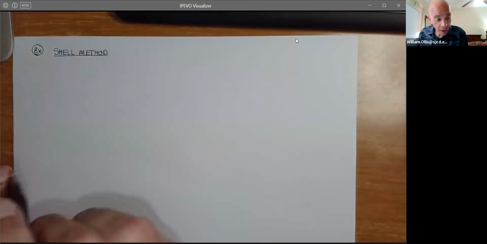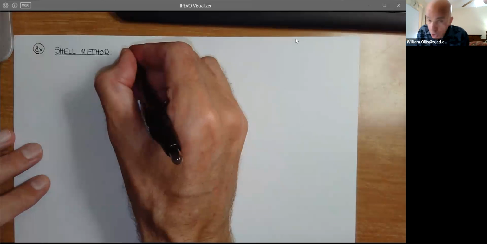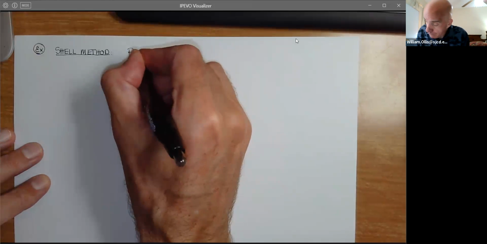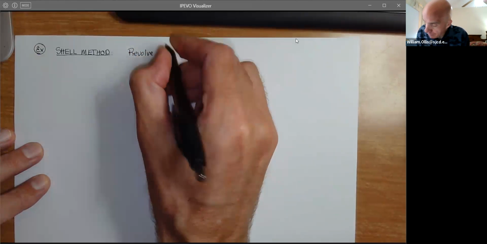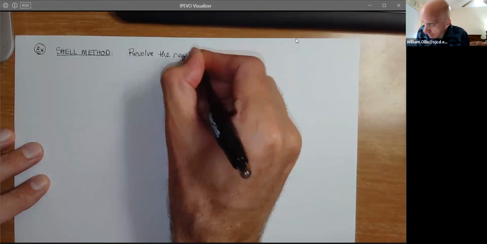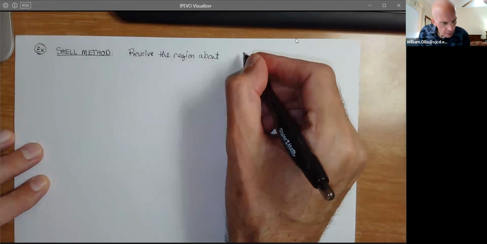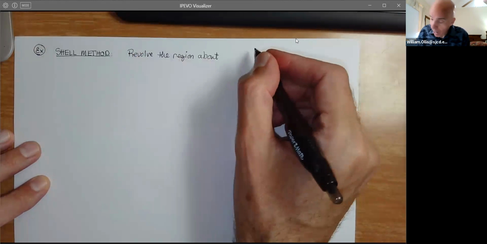So now we've got the following. That is, in this particular case, we want to revolve the region about, in this case, let's see, the y-axis.